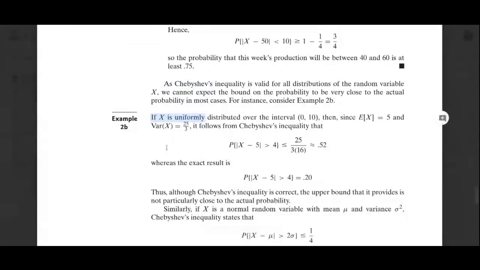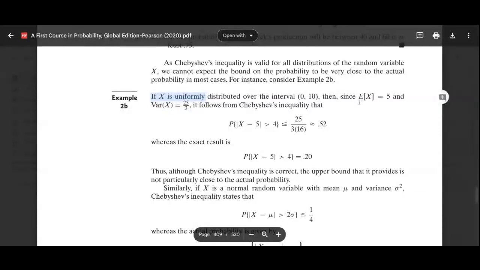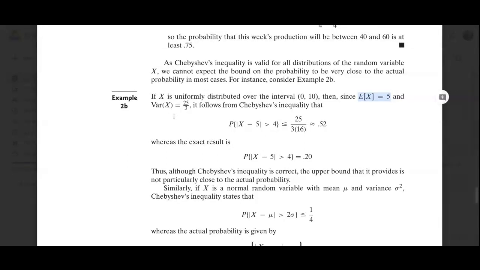If X is uniformly distributed over the interval 0 to 10, then the expected value will be 5, and the variance is 25 over 3.